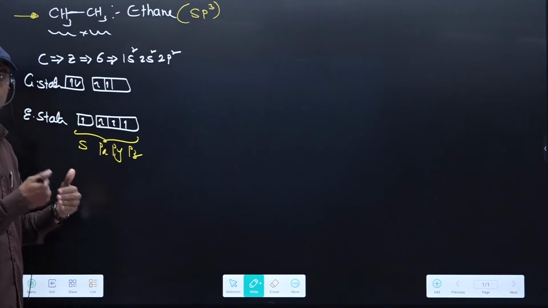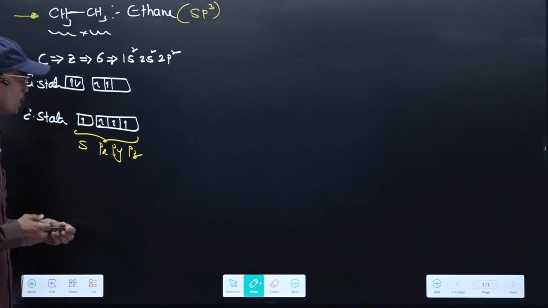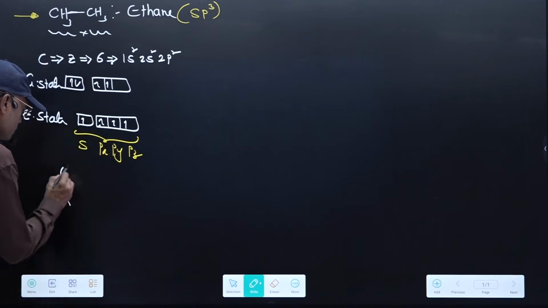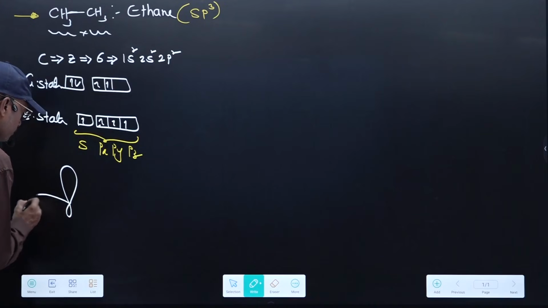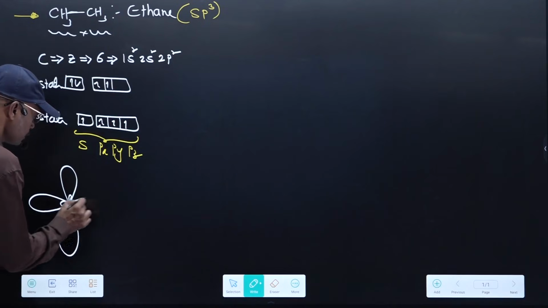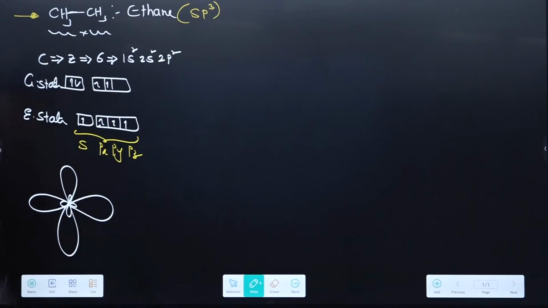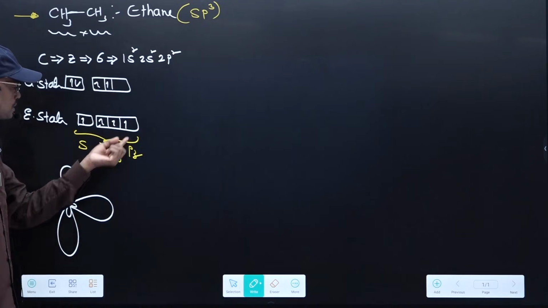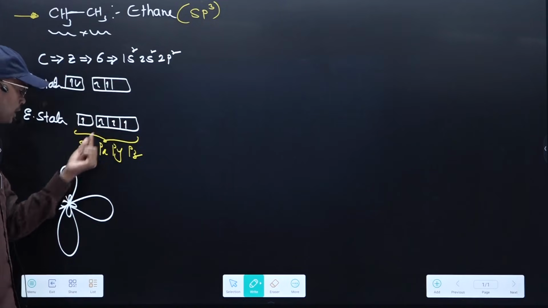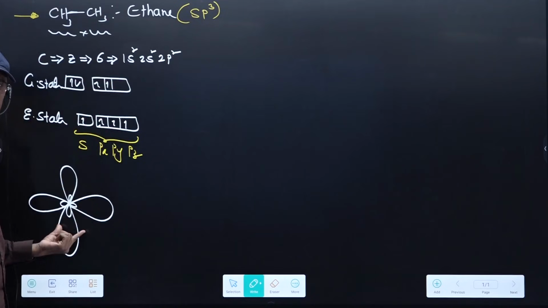I am intermixing 4 atomic orbitals, so you will get like this. See, this is one hybrid orbital, this is second hybrid orbital, third hybrid orbital, and this is fourth hybrid orbital. How many sp3s are present here? 4 sp3. 4 atomic orbitals I am combining and creating 4 sp3.